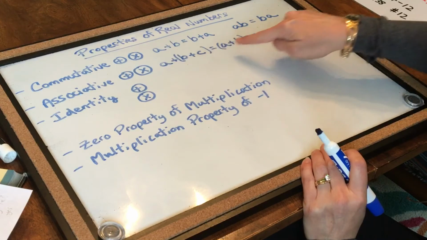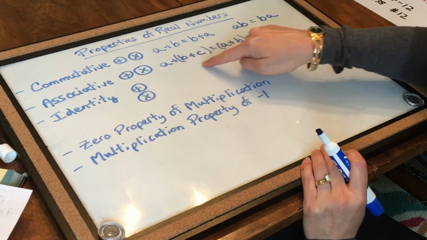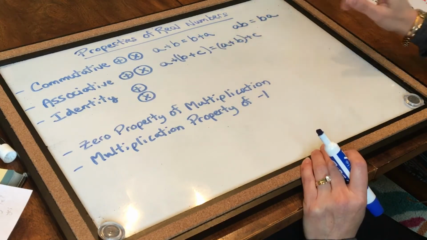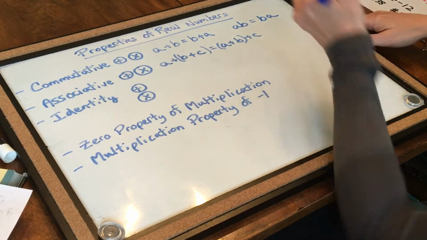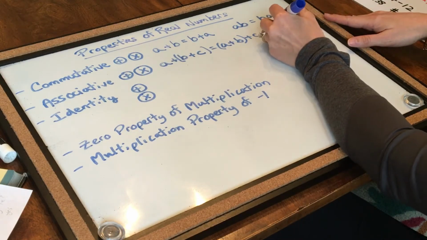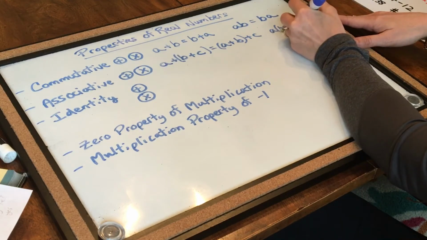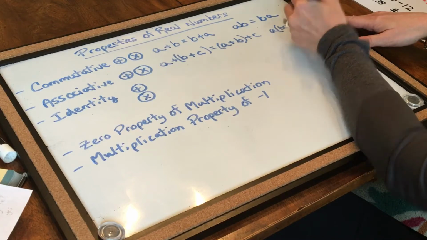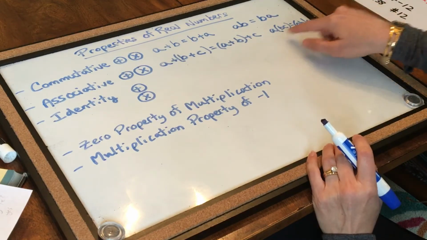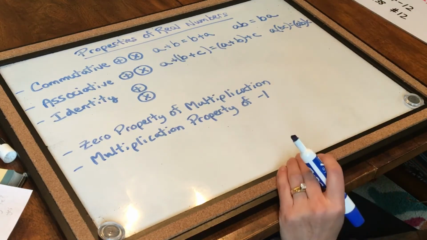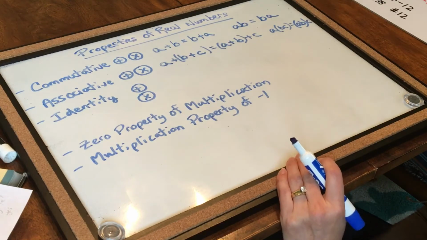When the operation is all addition, the grouping doesn't matter. The same is true for multiplication. So if I had A times B times C in parentheses, that would be the same as A times B in parentheses times C. So again, the grouping for addition and multiplication doesn't matter.